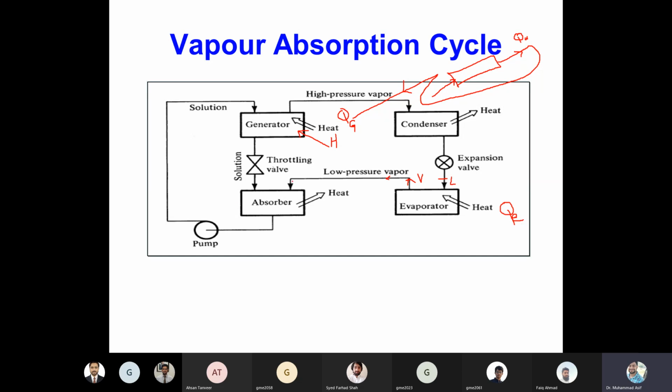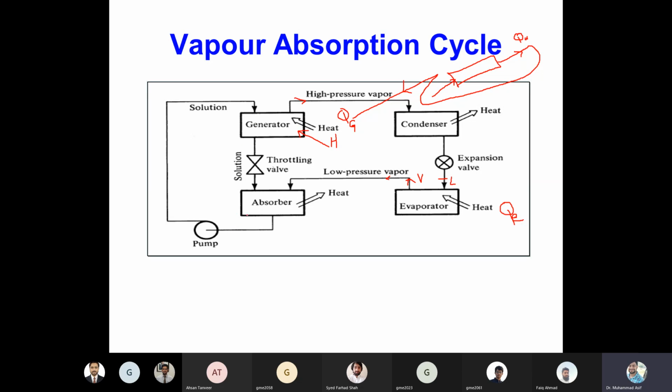The refrigerant vapor is absorbed in an absorbent, and then through a pump we move it into the generator. In the generator we provide heat that again separates the refrigerant vapor and absorbent, but you cannot separate 100%.